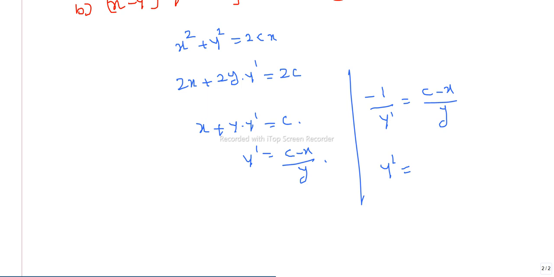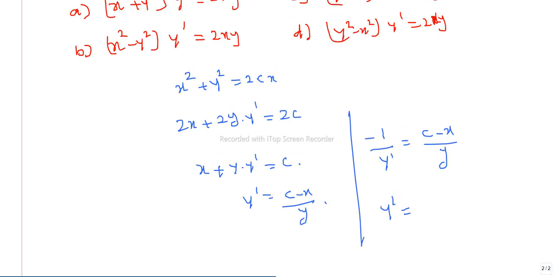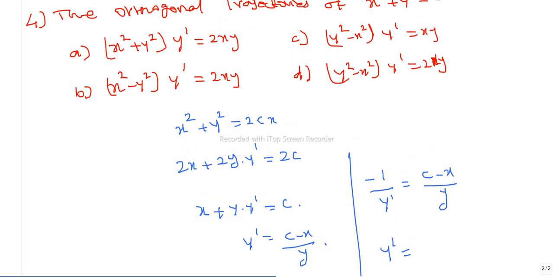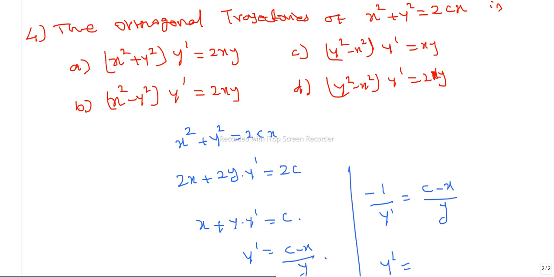Student: Sir, can we substitute the c value in the initial given equation? Yes, finally you have to cancel that c. You can substitute either at the start itself or here. Then I get y square minus x square equal to 2xy dy by dx.